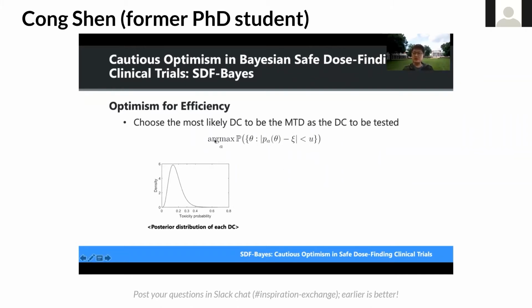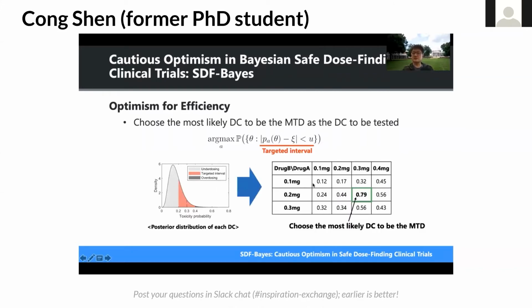And this is done by solving this optimization problem based on the current estimation of theta. We are going to have a toxicity probability, which is a posterior probability that is constructed for every DC. For this DC, let's say A, we're going to try to evaluate the current estimation against the threshold psi. And we will look at this target interval and pick the DC A that has the largest, actually, sorry, the smallest interval that is around psi.